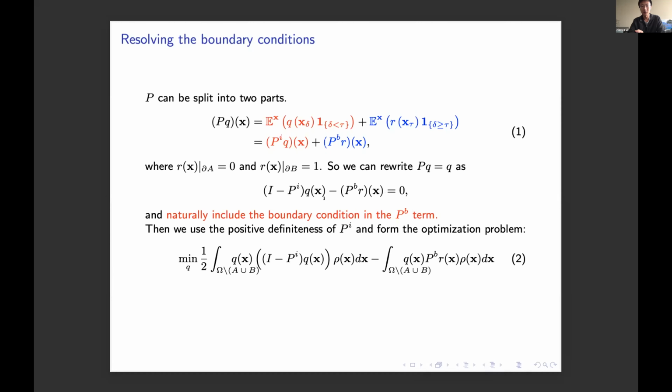Notice that we already include the boundary conditions in this equation, even though we haven't added the penalty functions yet. So with the positive definiteness of P_I, we can form the optimization problem similarly to the previous work. So that's the main part of our method.